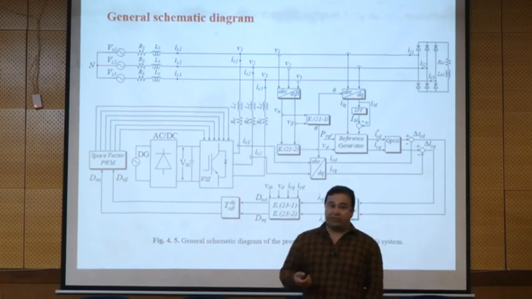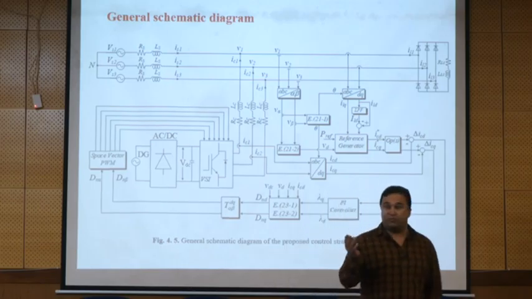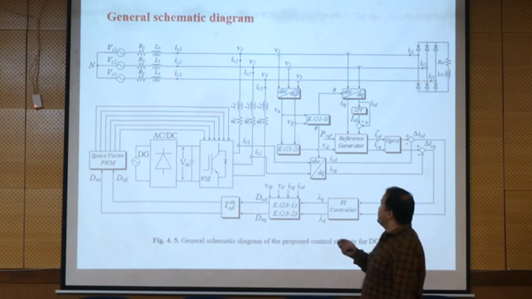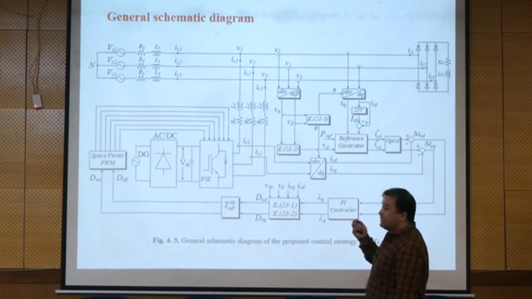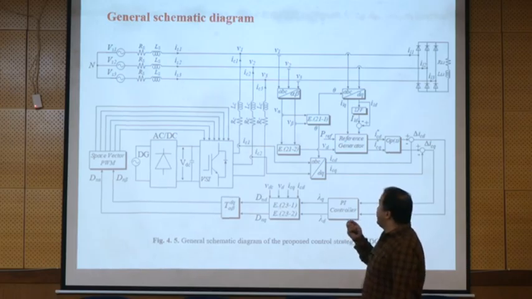Then we decided to transfer it to DQ, because DQ could help us to control it faster. For the DQ, we need to measure the voltage of the grid at the point of common coupling and convert it to alpha beta.